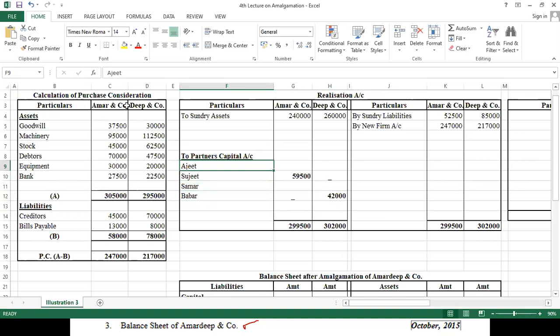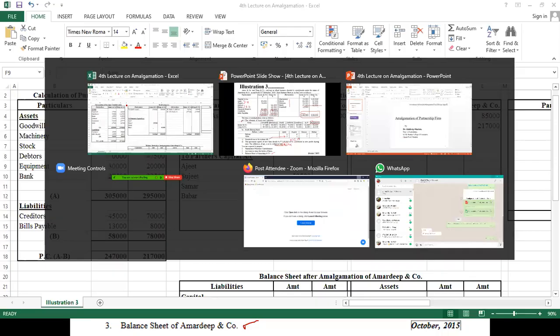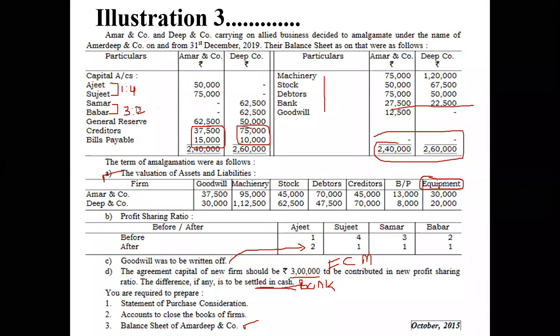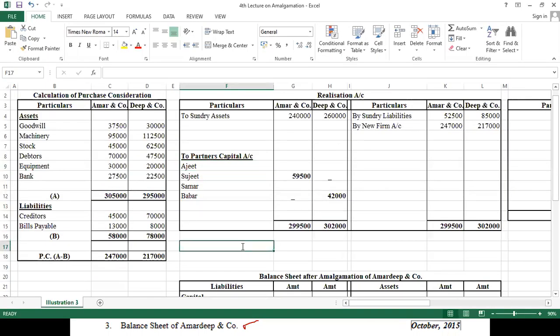Now we will make a bifurcation of Ajit and Sujit profit as well as Samar and Babar profit. Let's see, the profit sharing ratio of Ajit and Sujit is 1:4. Okay. So 59,500 divided by 5 comes to 11,900 for 1 unit, and multiply by 4 for Sujit.